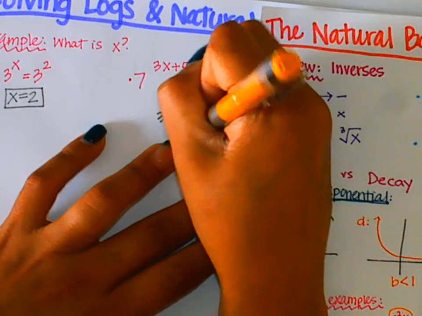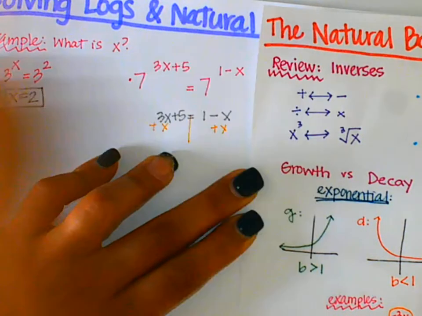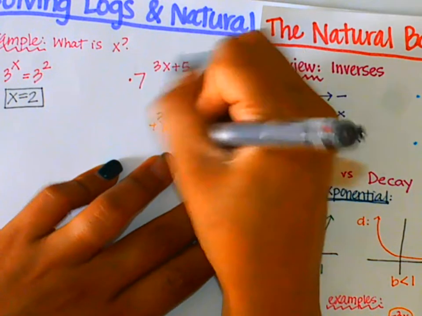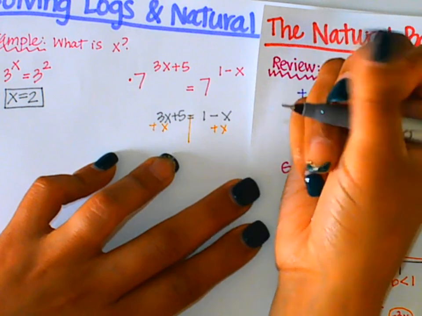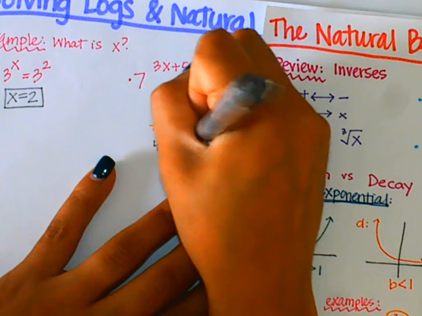So add x to both sides. Remember, you want to combine the like terms. So you don't want to combine it with a 5 because those are not like terms. You get 4x plus 5 is equal to 1.